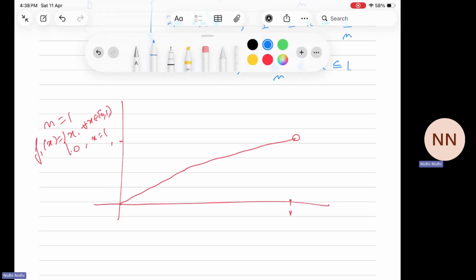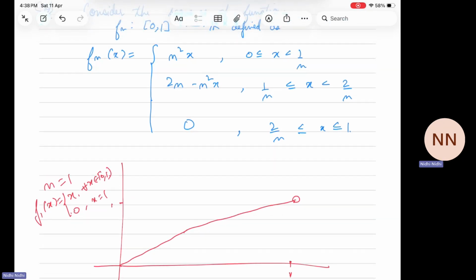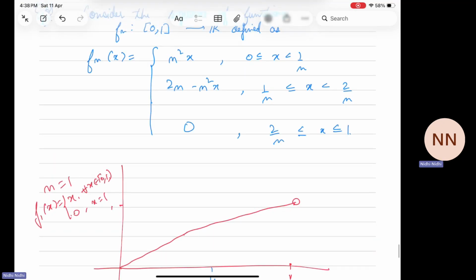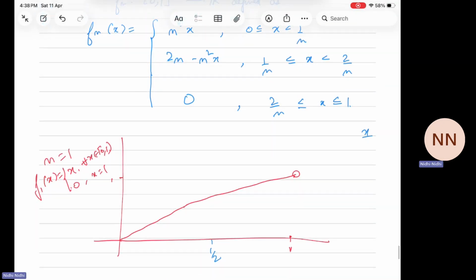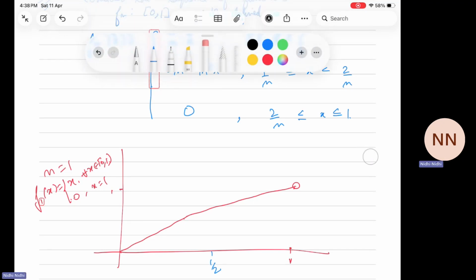What will be f2? F2 will be split at 1 by 2, 2 by 2 will be 1, so from 0 to 1 by 2, this will be 4x, since n squared times x.